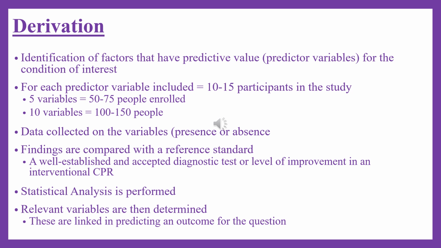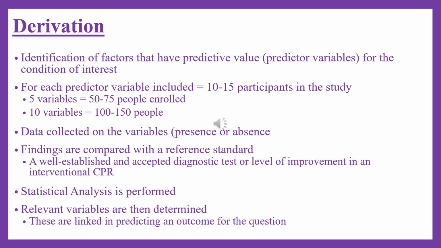So again, the first step is derivation of the factors or variables that have some predictive power. For each individual variable that we might have in this new clinical prediction rule, we have to have 10 to 15 participants in an original study that's looking to develop those variables. So for example, if we have 5 variables, we need to have between 50 to 75 subjects enrolled in that original study.